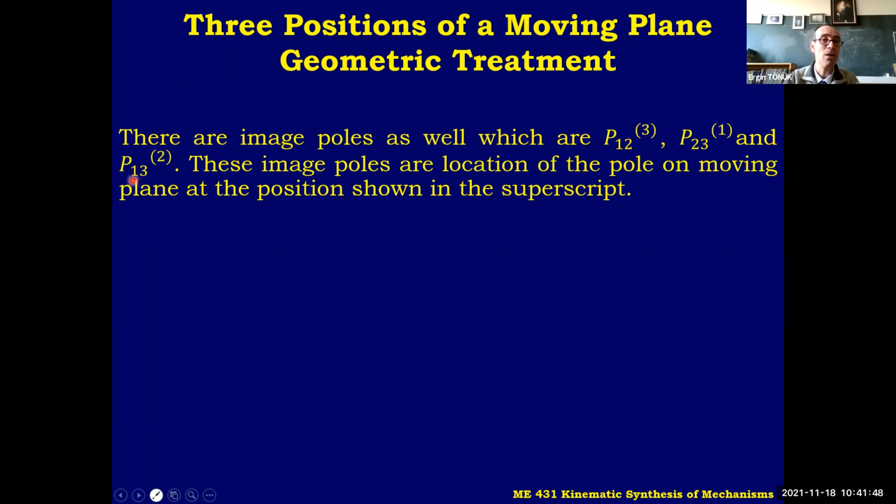And we also have P13. This time it moves from 1 to 3 about this point, but if you take it to position 2, it is where it is, okay? So these image poles are, as I said, the location of the pole on the moving plane at the position shown in the superscript.